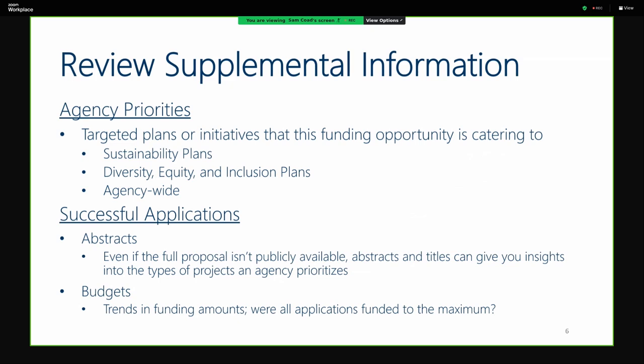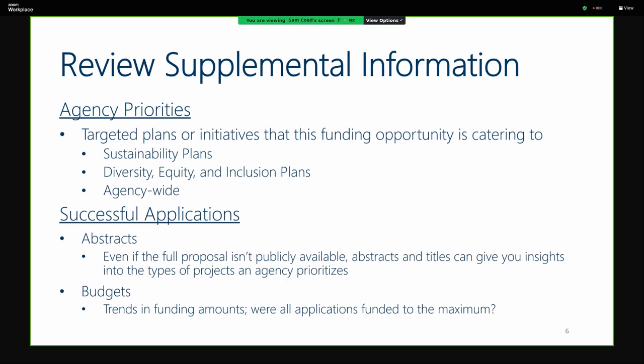For agencies that have established priorities or targeted plans or initiatives that this funding opportunity is catering to, for example, if they mention that they're soliciting proposals to further their sustainability initiatives and they link to a sustainability plan, similar things for diversity, equity, inclusion plans, or agency-wide initiatives, being aware of those and including a sentence or two saying that this contributes to their priorities in this way, referencing their internal documentation, can really help you structure your proposal and also help award your points.